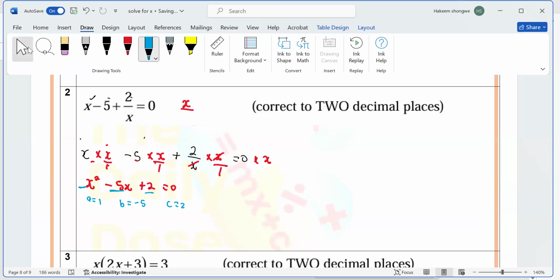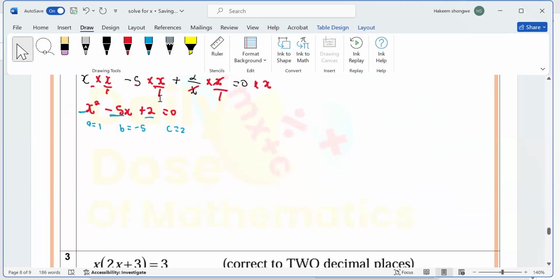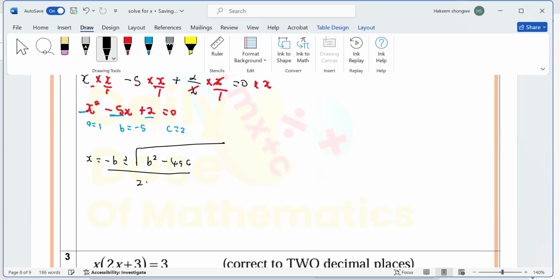Okay. Let's do this then. Use our formula. Our formula says x is going to be equal to minus b plus and a minus the square root of b squared minus 4ac, all over 2a.